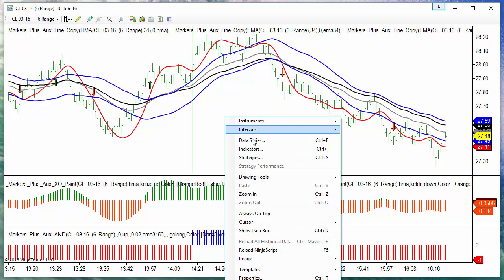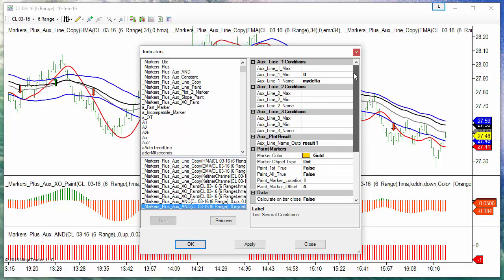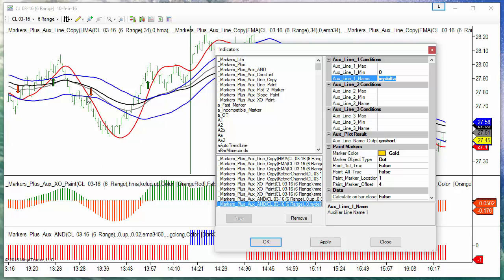Now let's do the same for the shorts. This will be my go short. The HMA must be below the lower Keltner.